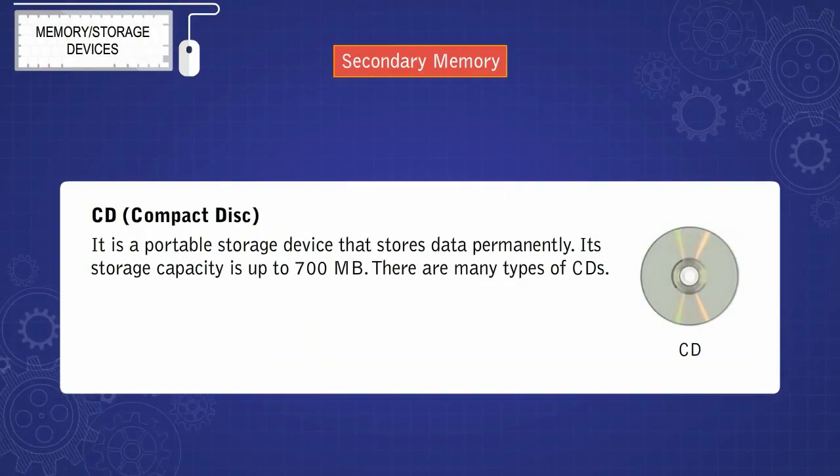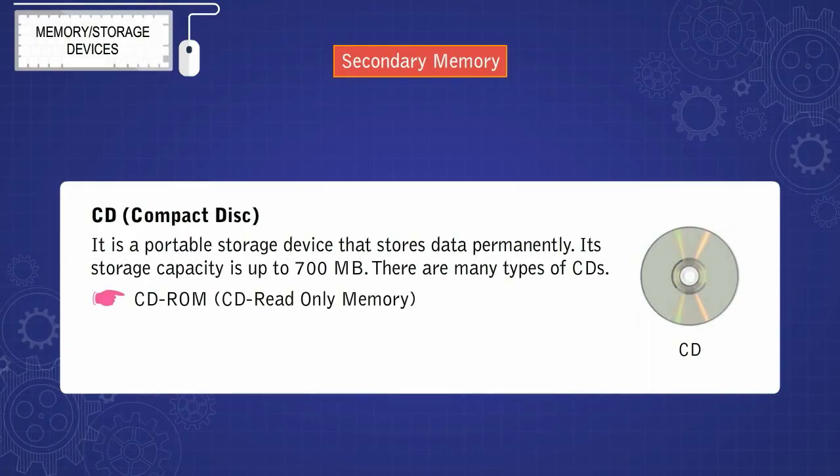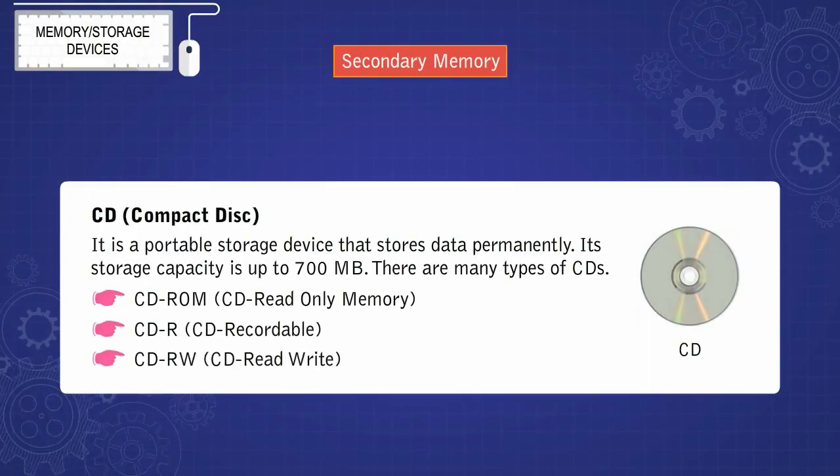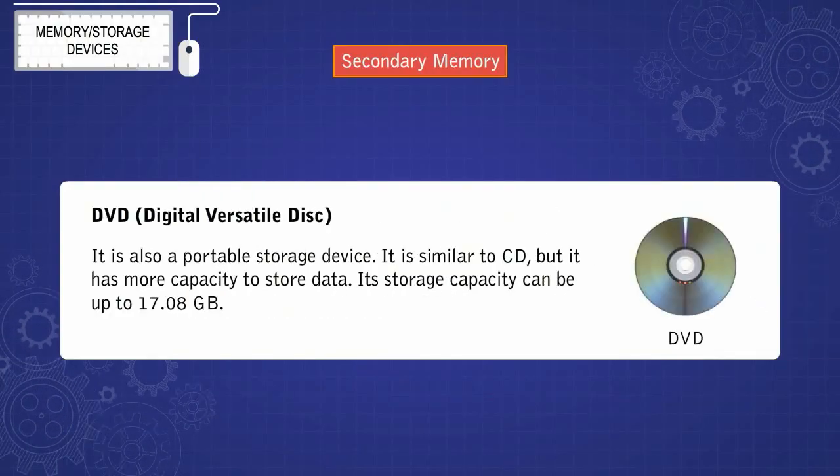CD, compact disc. It is a portable storage device that stores data permanently. Its storage capacity is up to 700 MB. There are many types of CDs. CD-ROM, CD read-only memory, CD-R, CD recordable, CD-RW, CD read-write.